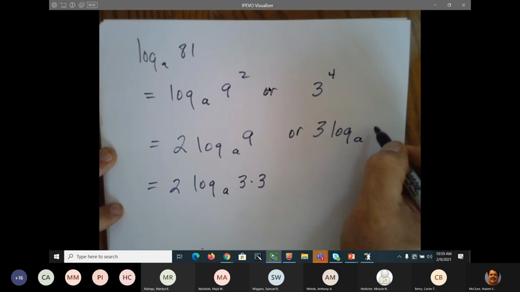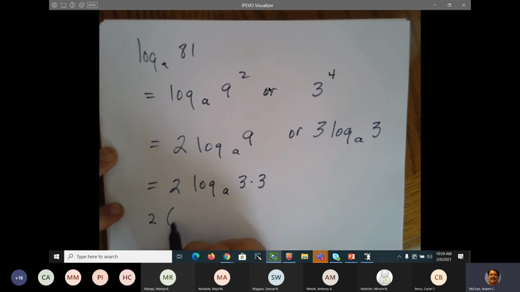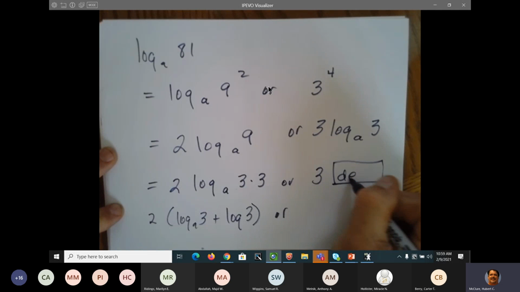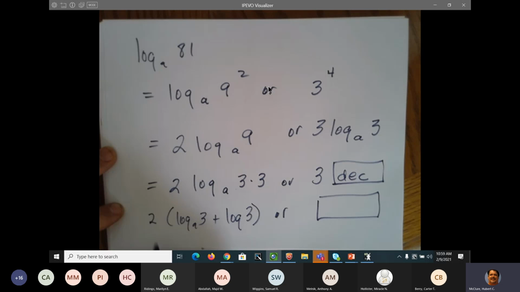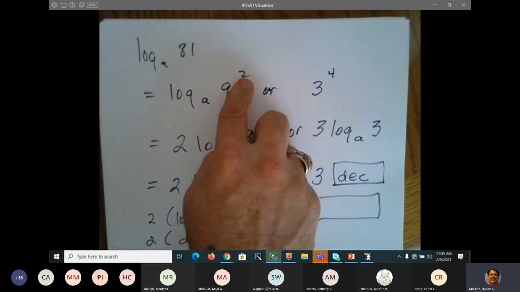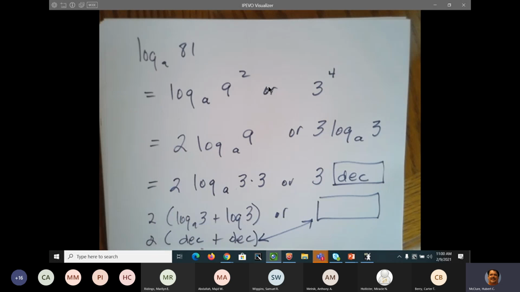And then you could do this, and that would be 2 times log of 3 plus log of 3, or 3 times the decimal, and that's going to give you your answer there, and then 2 times the decimal plus the decimal, and that's going to give you the same thing as that number right there. So you could do this 2 ways. You could do it with 9 to the 2nd power, or you could do it with 3 to the 4th power. It doesn't matter. You'll get the same answer.